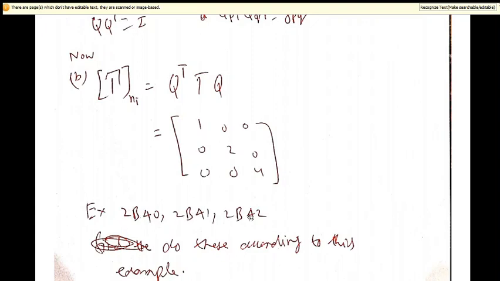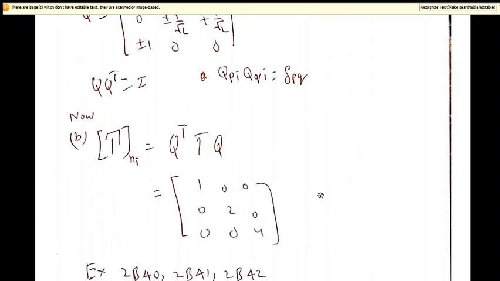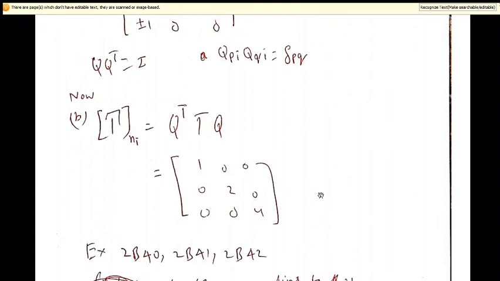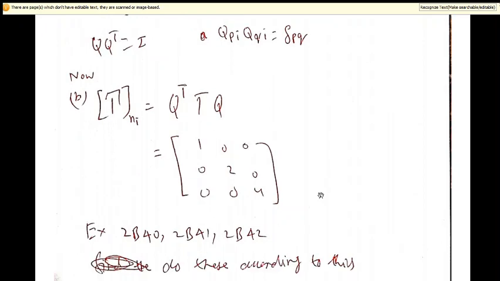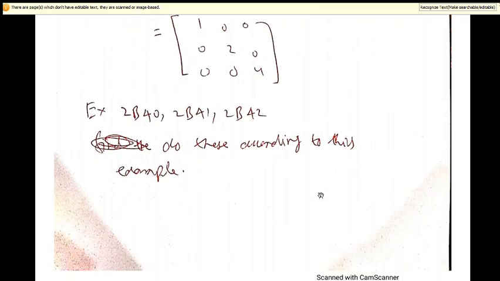In these three questions, a tensor will be given, and you have to find the principal values and principal directions, and then write the given tensor T with respect to these principal directions. Similarly, as we have done in this example, you have to simply follow this example and do the exercise.